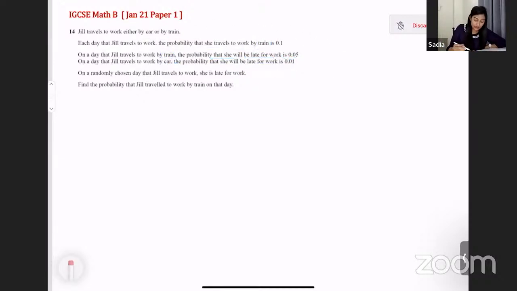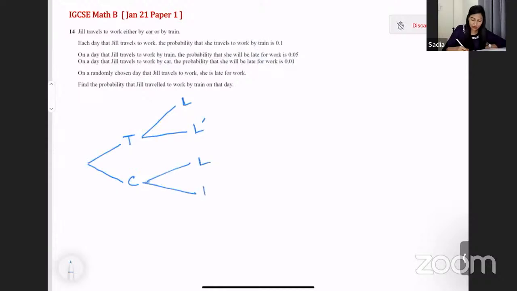So this type of situation can be expressed in a tree diagram, right? You can either go by train or car. If you go by train, you can be late or not late, as in L prime. If you go by car, still you can be late or not late. So I will just include the values now.